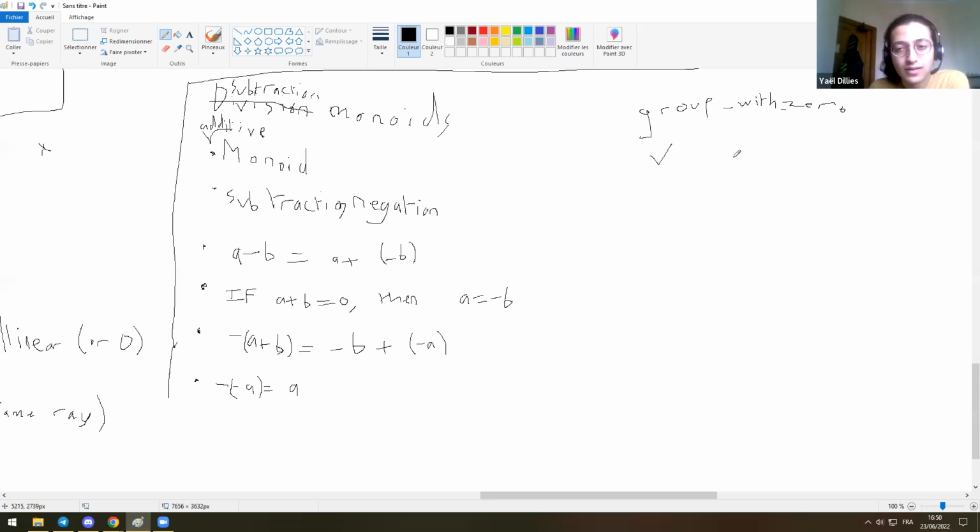Exactly, yes. So group with 0 is definitely a monoid. It definitely has division and inversion. So I'm just doing the multiplicative thing now. This is also true by definition.